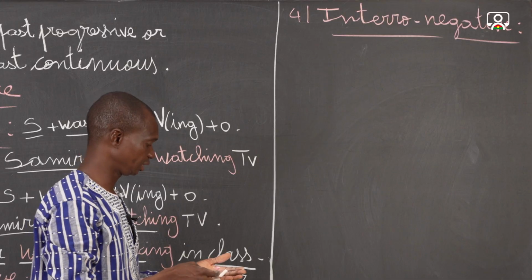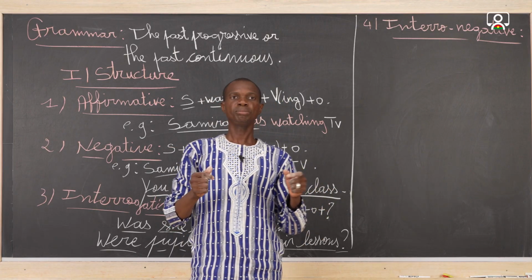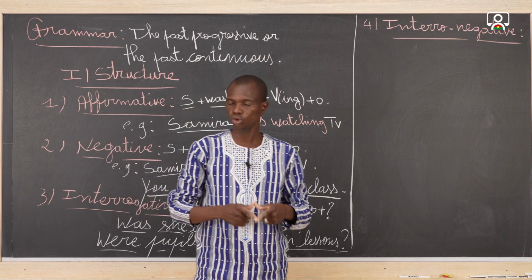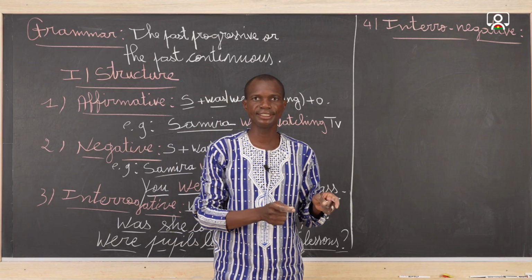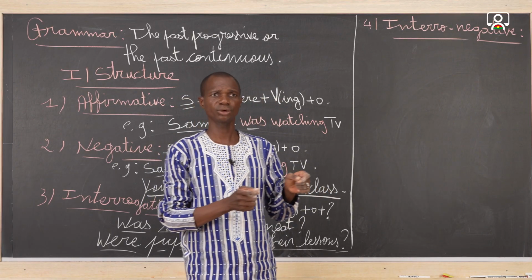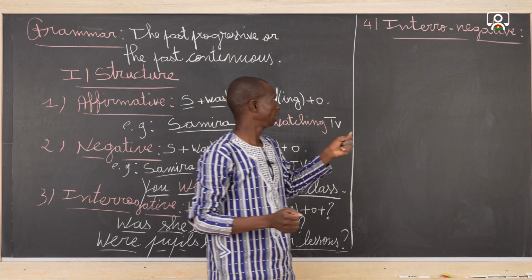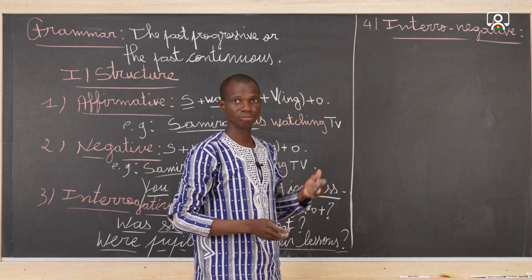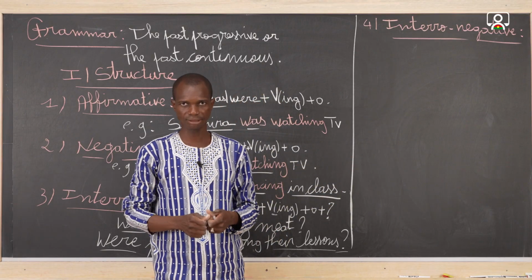The possibility number 1, uncontracted form, and the possibility number 2, the contracted form. Let's say that the contracted form of was not is wasn't, and the contracted form of were not is weren't. Then, as mentioned before, we give the rule of formation and the examples.